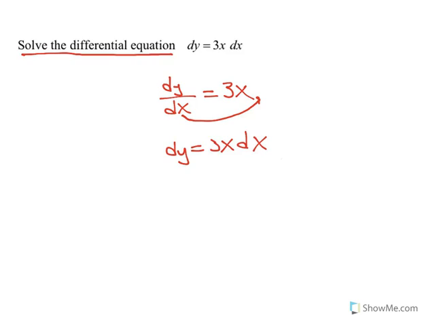You want to get all your variables separated, left side and right side. So now all the y values are on the left and all the x values are on the right. And then you can go ahead and antiderive both sides.